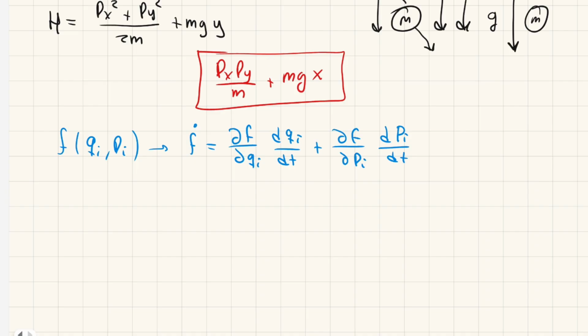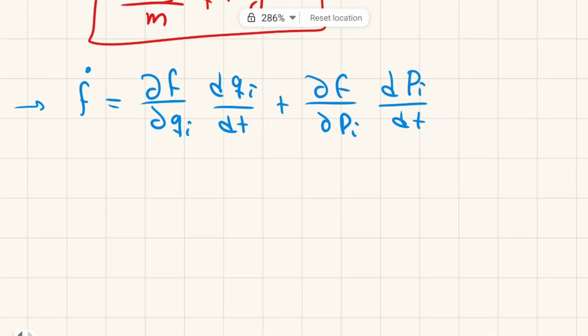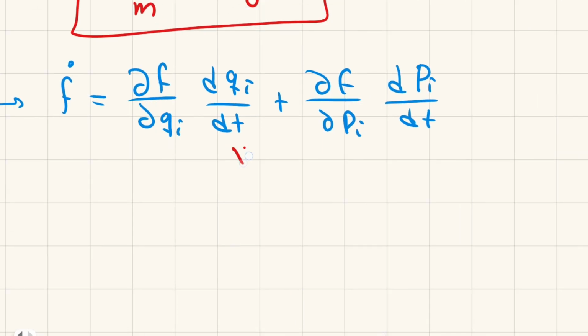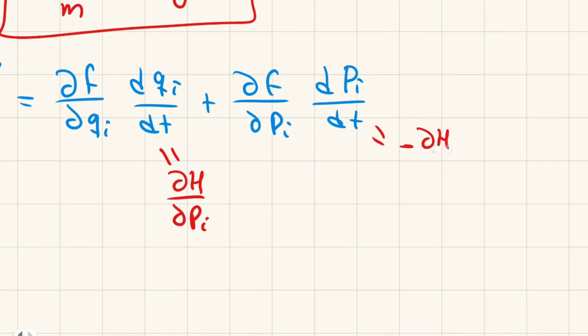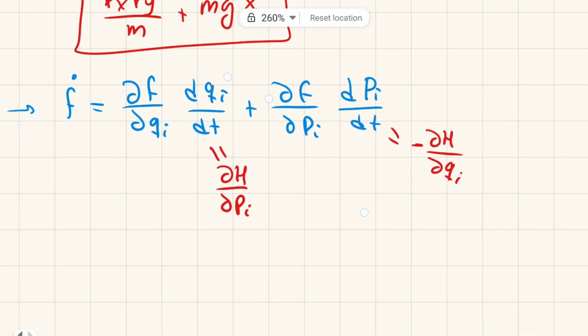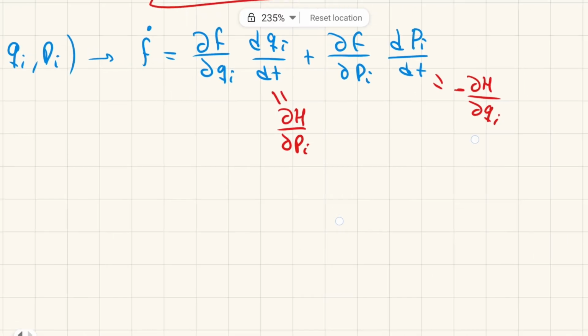But we know that there are the Hamilton equations, which tell us that this quantity is equal to the partial of h with respect to pi, and this quantity is equal to negative the partial of h with respect to qi, where h is, of course, the Hamiltonian of the mechanical system.